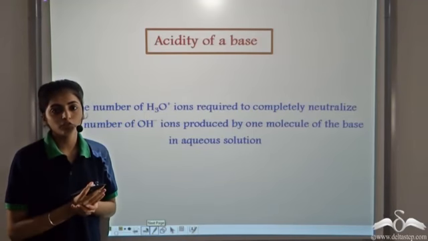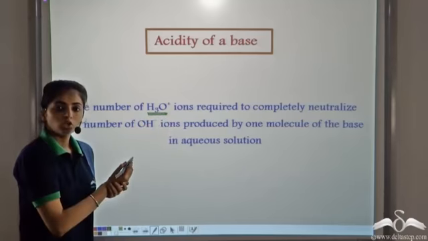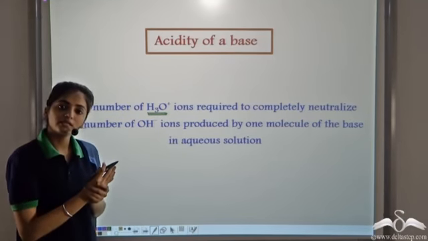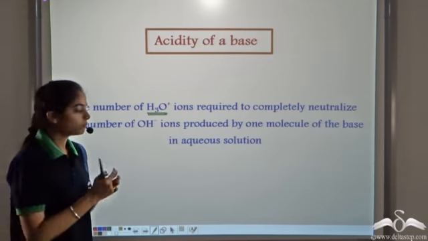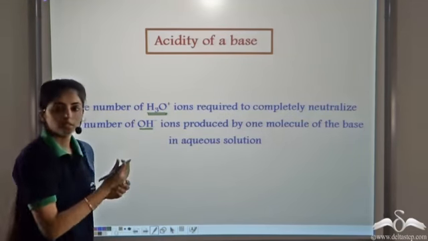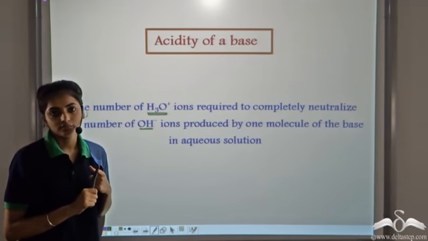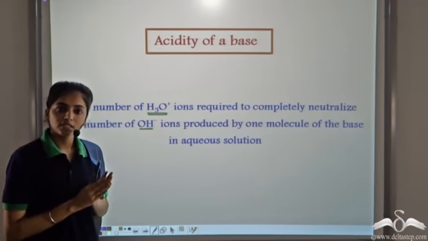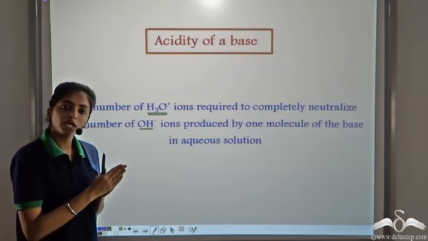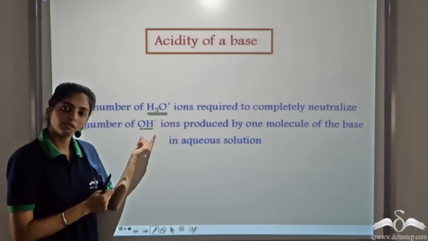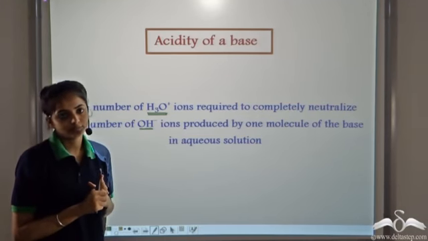The acidity of a base is the number of H3O plus ions or the number of H plus ions which are required to completely neutralize the number of OH minus ions that are produced by one molecule of the base.